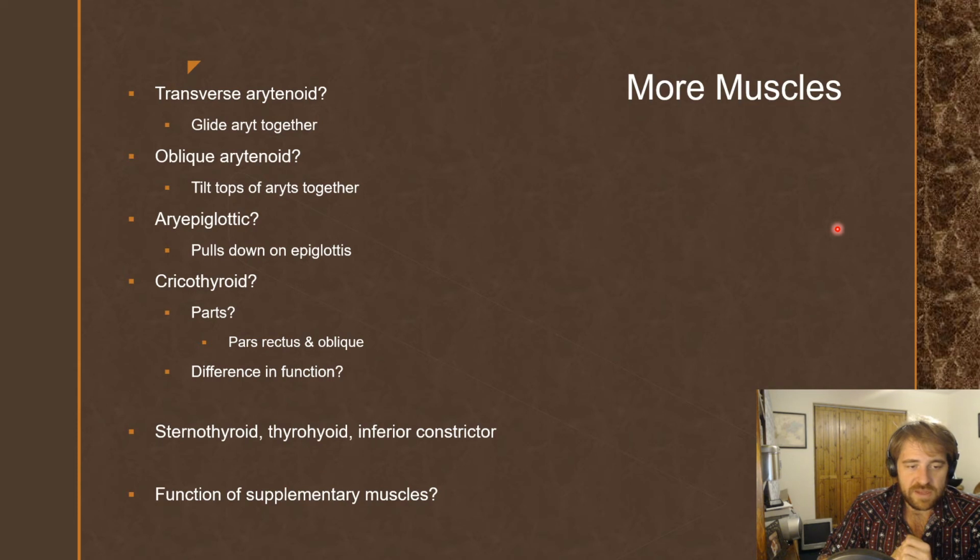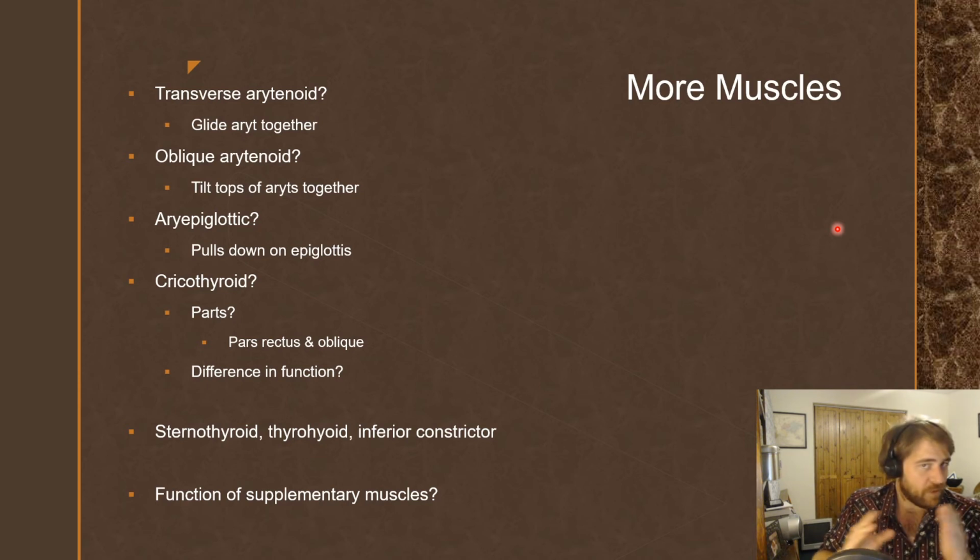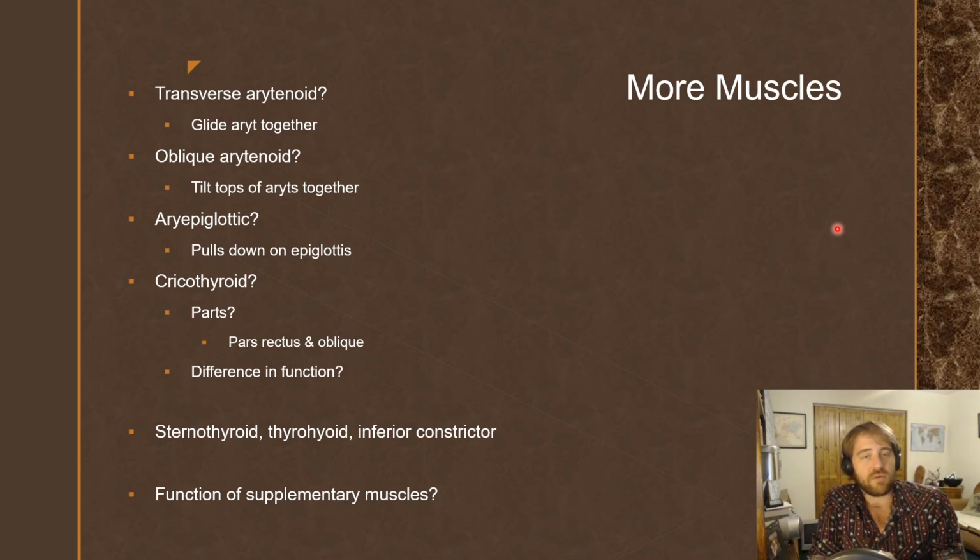But there's a slight difference in function of the rectus and the oblique. One changes pitch in a different way than the other one. If you remember the 2 different motions that we have on this joint, that might help you. So there's rocking or rotating, and then there's gliding. Which one is responsible for which?